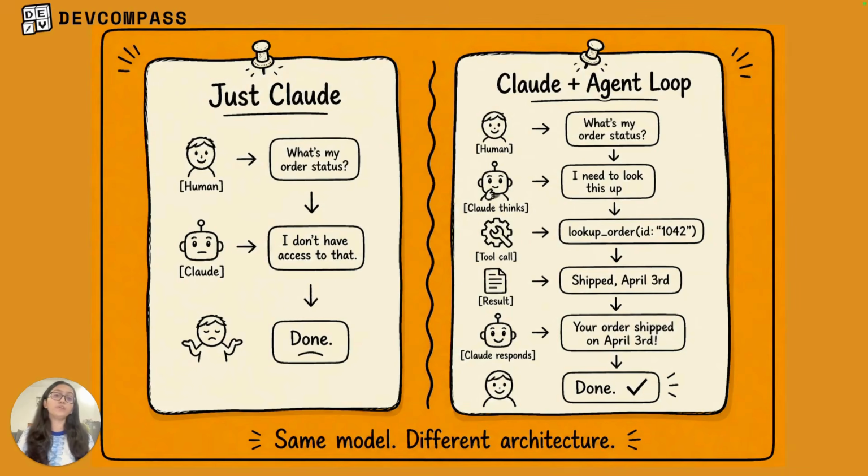And that's what we're going to look at, since the certificate is going to talk a lot about scenario-based situations and questions. In the right card, you can see Claude is inside an agent loop. Same question, what's my order status? Claude thinks, I need to look this up.